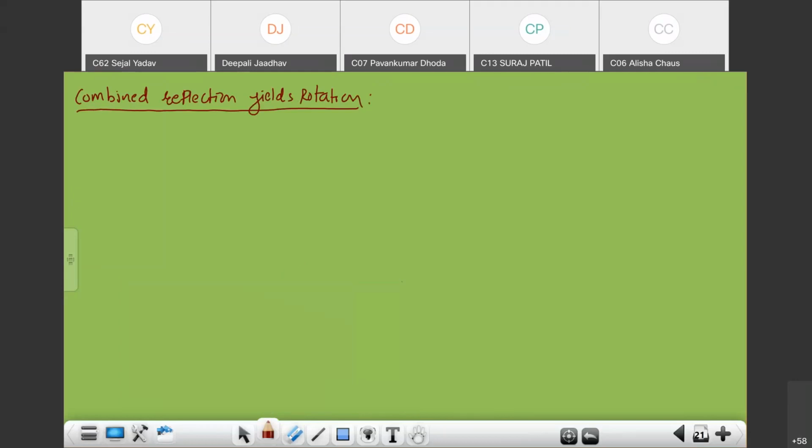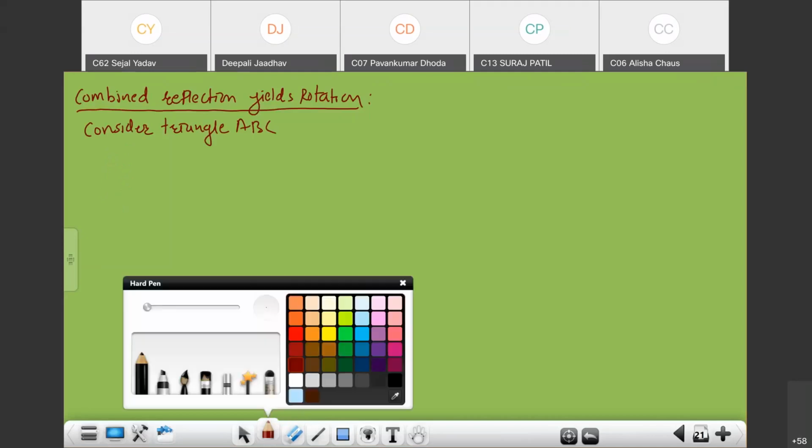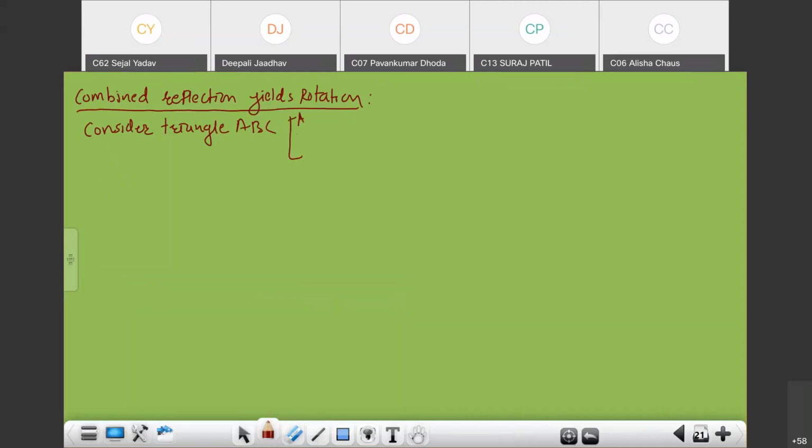So consider the triangle ABC with x coordinate, y coordinate values. I write it here. The values are 4, 1, 5, 2, 4, 3.